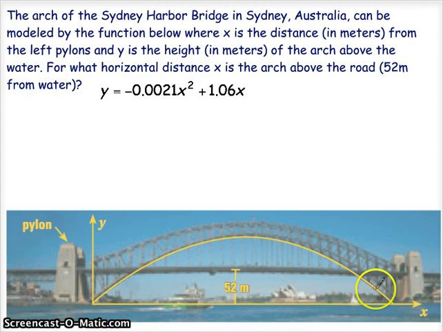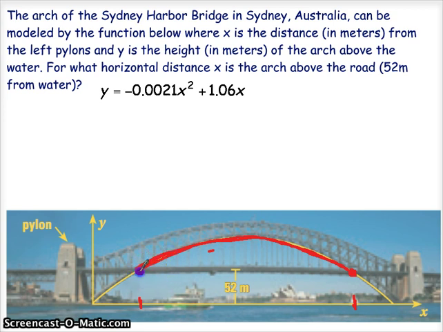So notice as this arch goes, we want to know from here to here, when are we above the road? Well, we can obviously see from the picture, and the fact that this again is a -x squared, that we're going to be above the road everywhere in between these two lines.